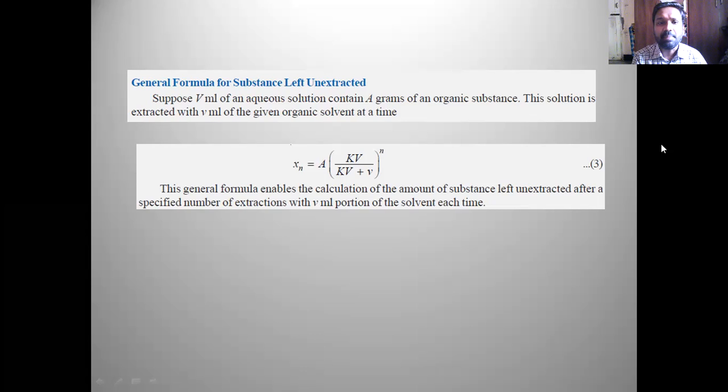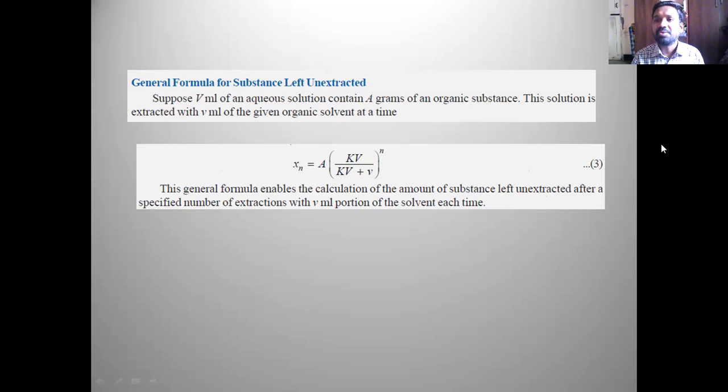Capital K is the distribution coefficient. Capital V is the volume of the aqueous solution you have taken. Capital A is the grams of organic substance initially taken in water. Small v is the volume of organic solvent you have taken. Small n is the number of extractions. You can even use this general formula to solve the previous problem.